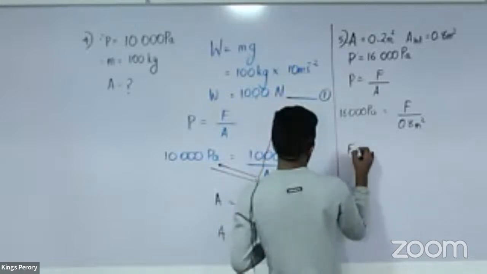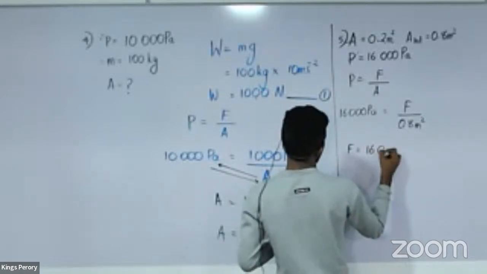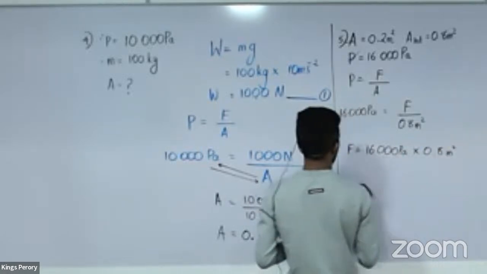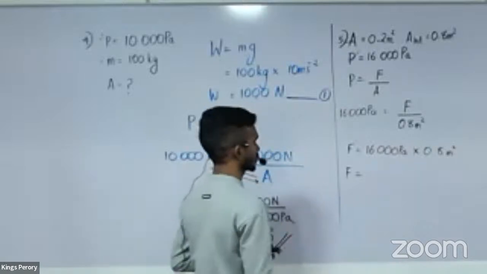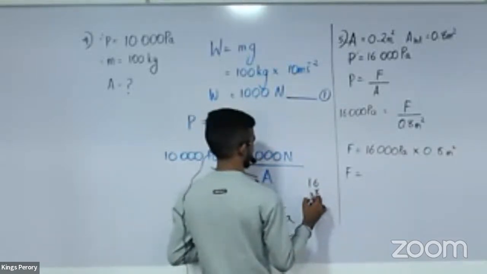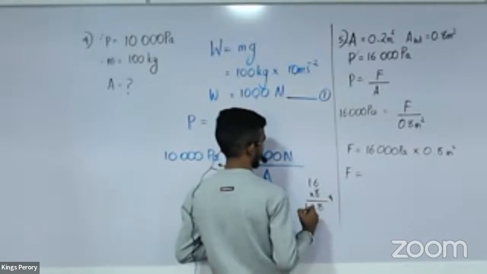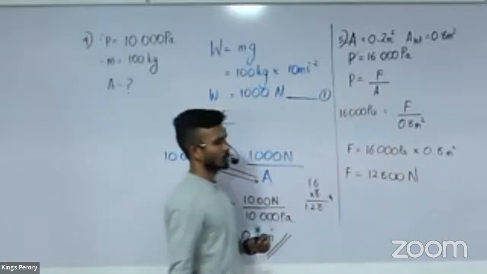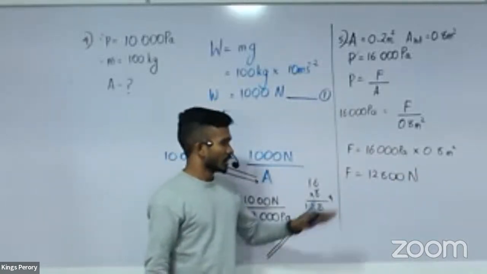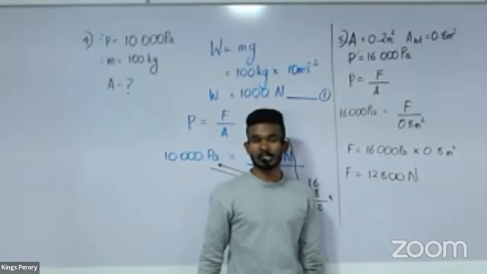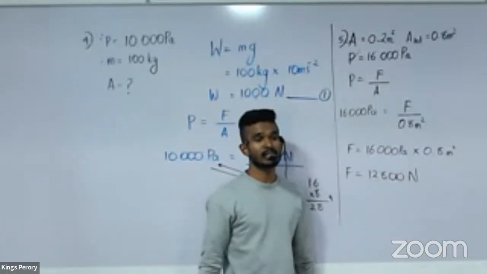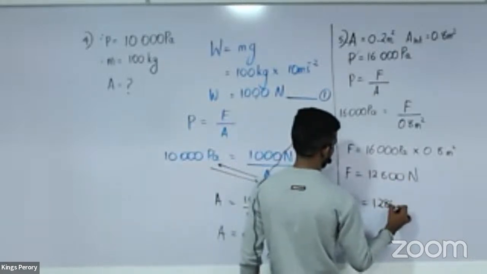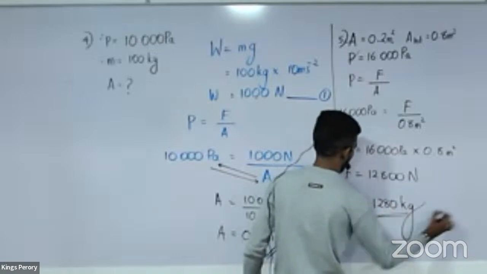If I cross multiply, force equals 16,000 Pascal multiplied by 0.8 meter squared. 16 into 8, how much? 12800 Newton. This is the weight of the jeep. Then what's the mass of the jeep? 1280. Directly you can write mass is 1280 kilogram. That's your answer.